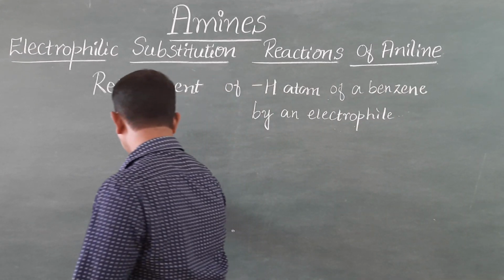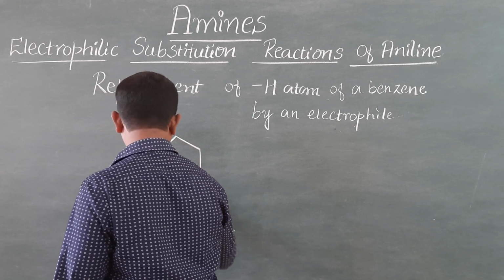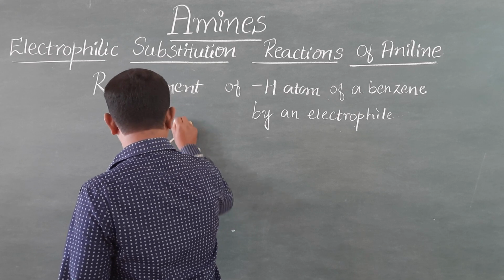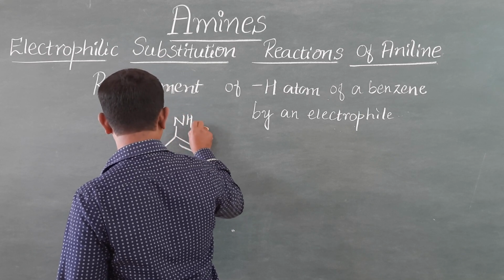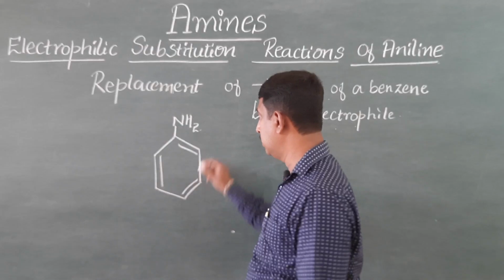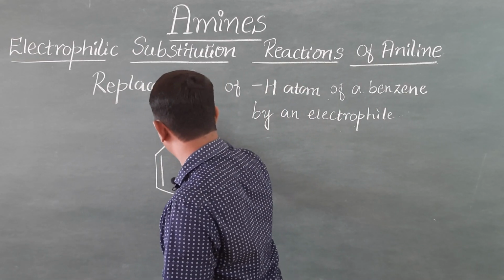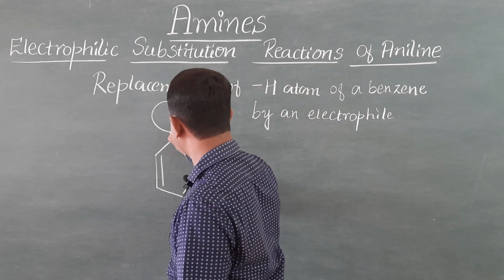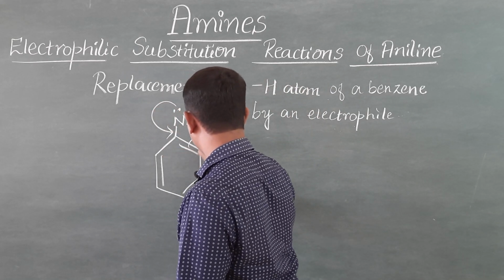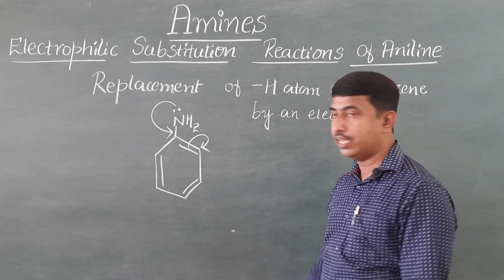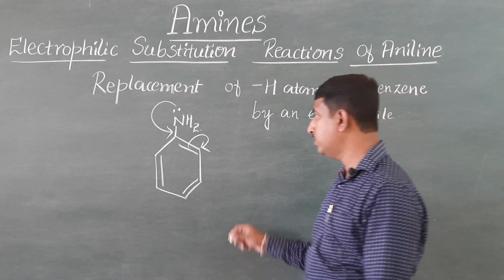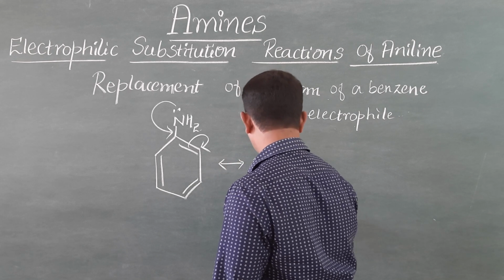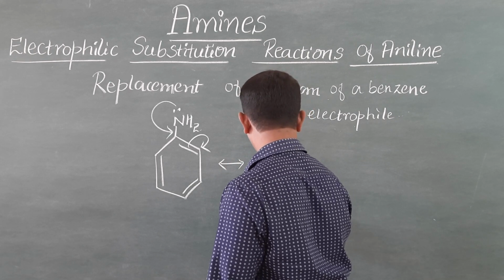Aniline, the structure of aniline, it is like this. In aniline, nitrogen contains lone pair of electrons, and these lone pair of electrons are donated to the benzene ring. As a result, resonance takes place. So, due to resonance, I can write the resonance structures.